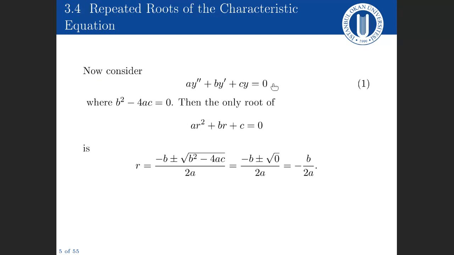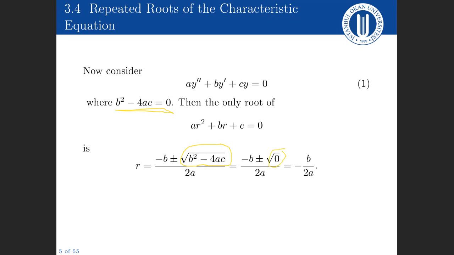We're looking at the differential equation ay double prime plus by prime plus cy is equal to 0. But now we're going to be supposing that b squared minus 4ac is equal to 0. Then that means that in our formula for the solution of a quadratic equation, we just have a square root of 0.